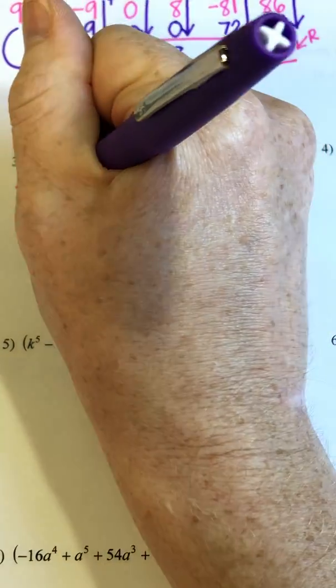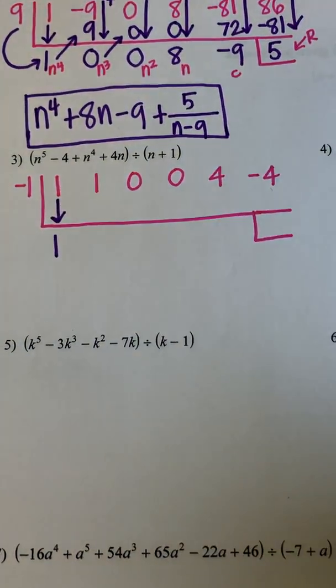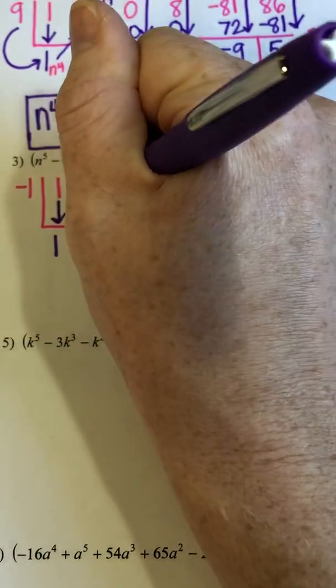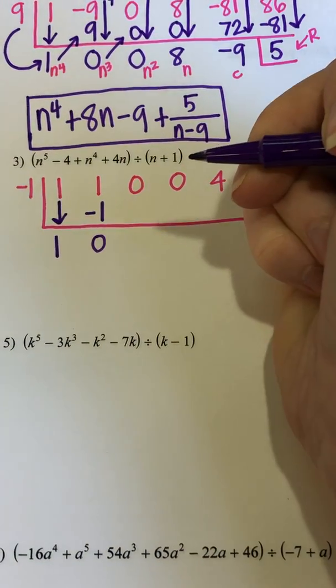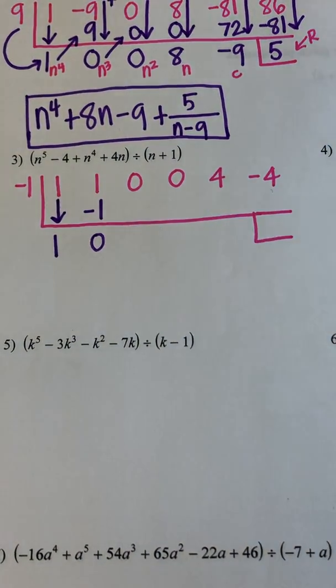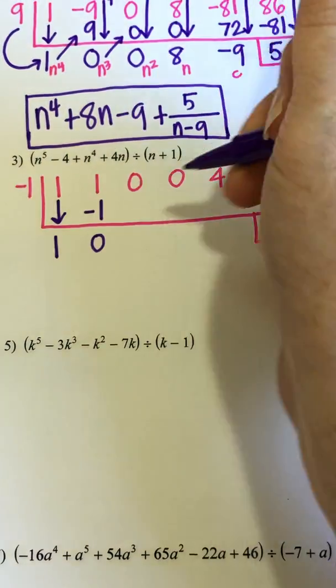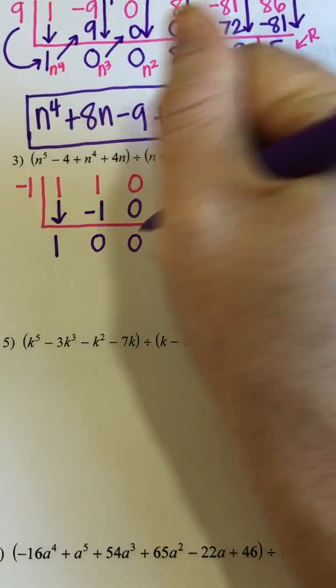Okay. So I'm going to drop my first number. So I got a 1 on the outside. What's negative 1 times 1? Negative 1. And I add those two together. Man, I get 0 again. That's not always going to happen, by the way. Okay? Multiply negative 1 times 0. 0. Sum of 0.